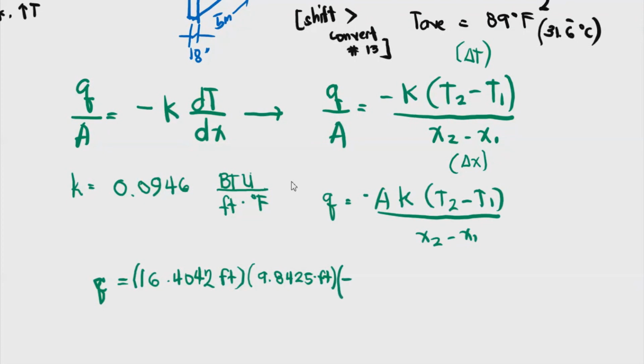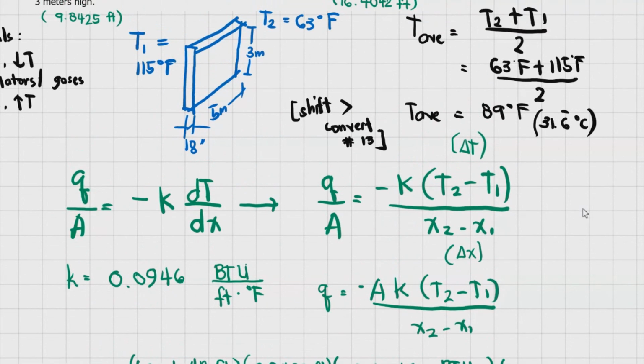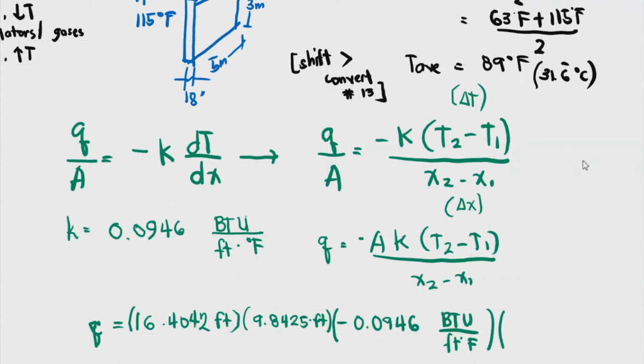And then we have, let's just write the negative one here. Negative 0.0946 British thermal unit per hour feet degree Fahrenheit. Then we have the difference in temperature, which is simply 115 and 63.